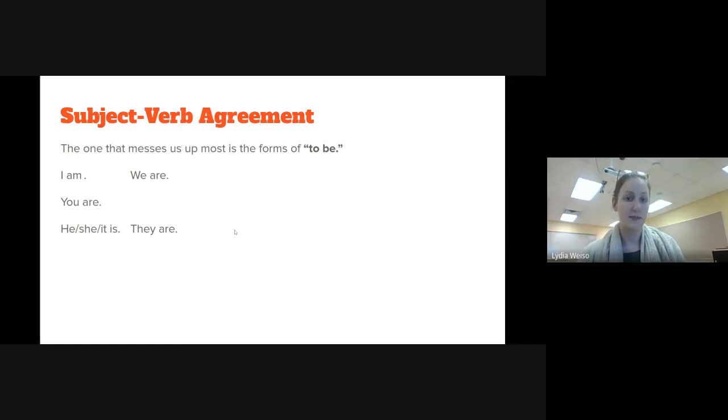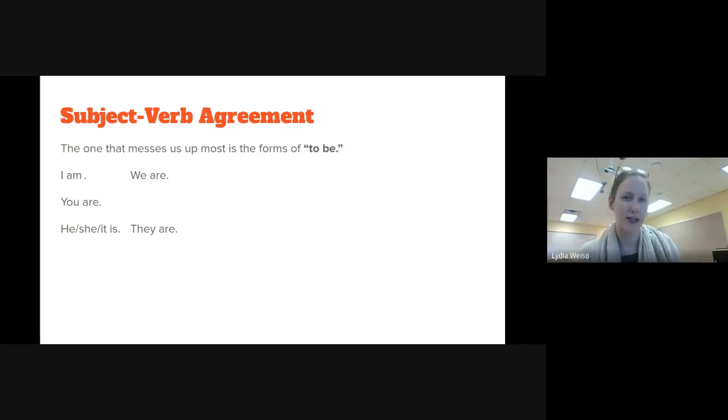So the one that messes us up the most is the forms of to be, both present and past. And part of the reason is that in Appalachian dialect, the dialect that most of us speak, we tend to, especially in the past tense, not conjugate the verb to be in the same way that standard English does. Now, this is totally okay.